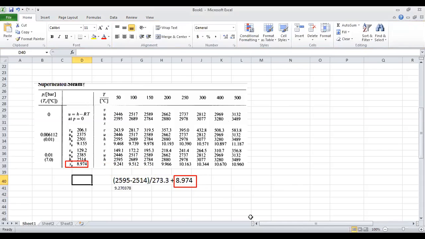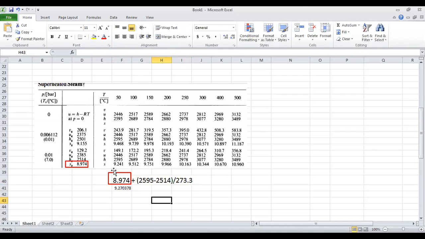This S value. Okay, so this S. So now this is 9.27. So this S plus, yeah, this plus. Okay, this is like HFG by T.